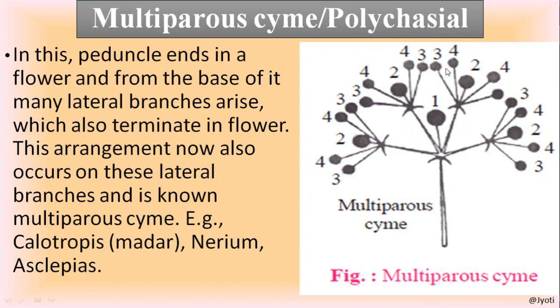So 2, 2, 2, 2. Then again from here 3, 3, 3, 3, 4, 4. In this way it is branched multiple times, so it is called multiparous cyme or polychasial. This is seen in the case of Nerium, Asclepias.